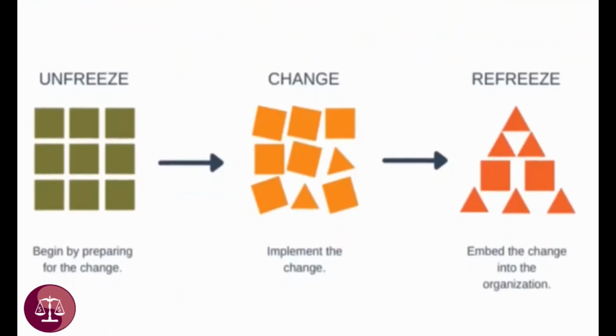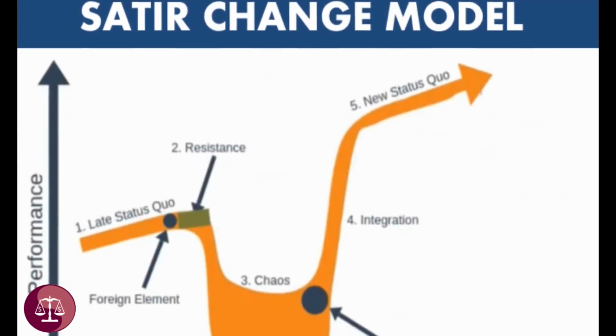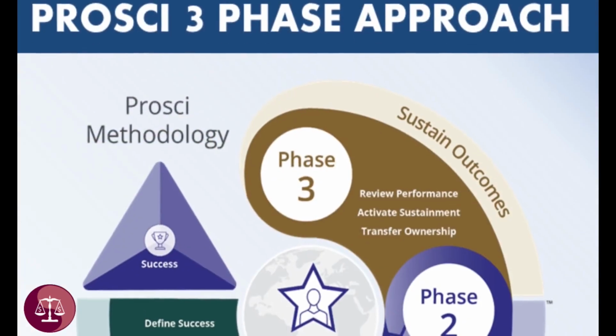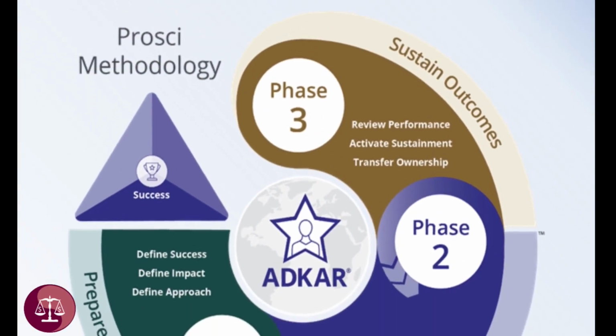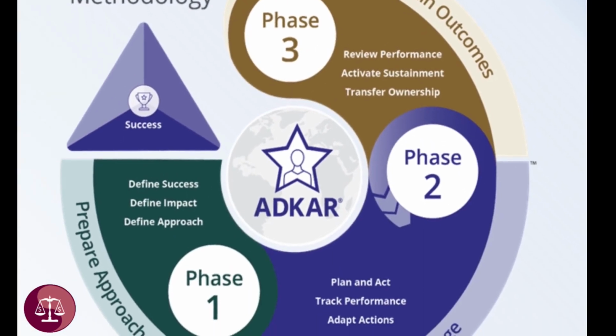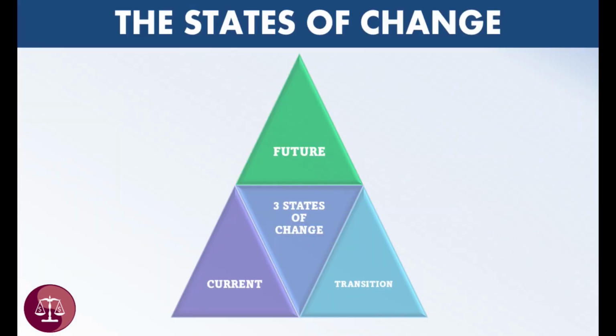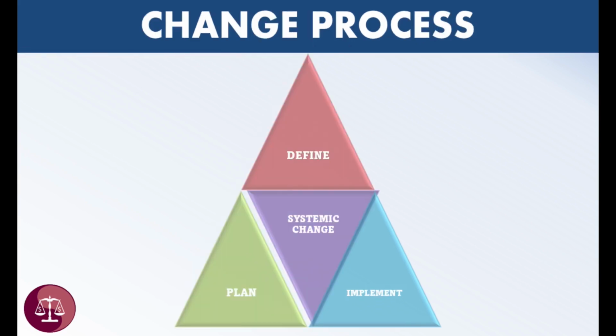The terminology and illustrations may have changed over the years, but the basic principles of change have remained the same. There are three states of being in any change process: the current state, the transition state, and the future state. There are three phases in a change management process: the defining phase, the planning phase, and the execution phase.